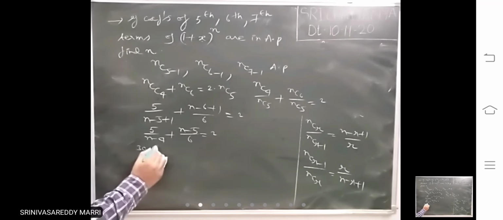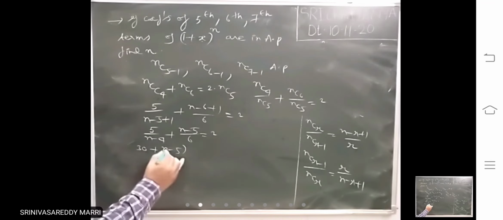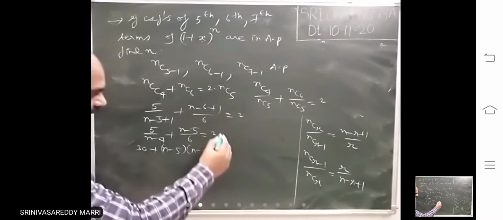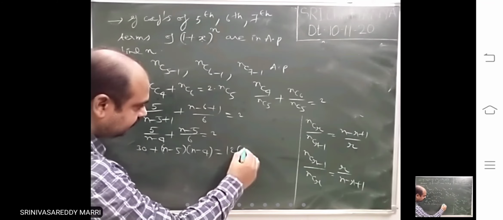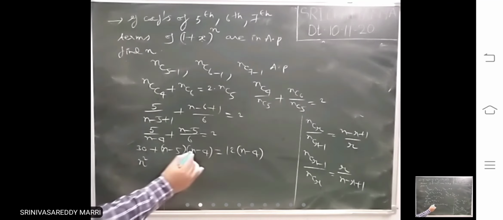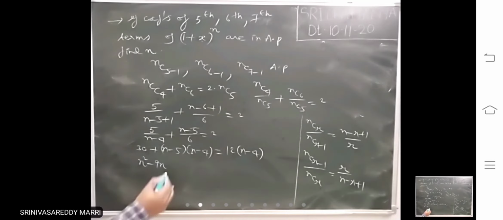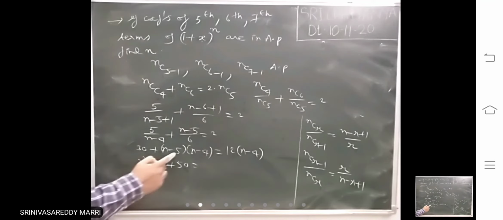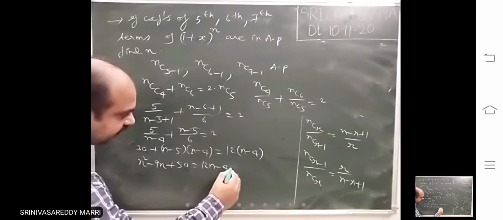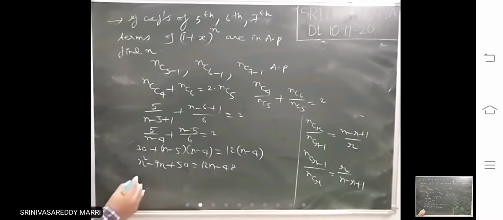Take the LCM. 30 plus (n minus 5) into (n minus 4) equals, bring this side 12 into, so 2 into 6 into (n minus 4). So what you will get this side: n square minus 9n plus 20, plus 30 is 50, equals 12n minus 48.